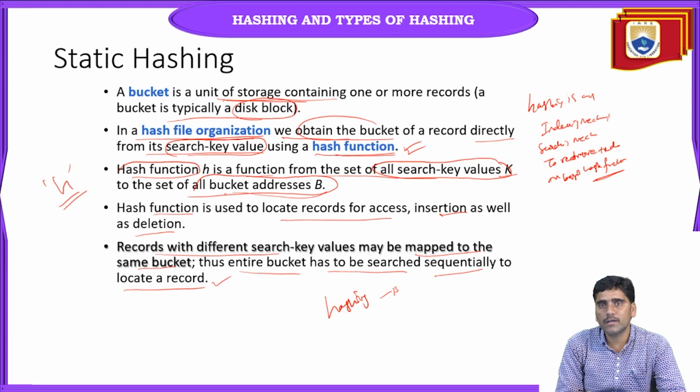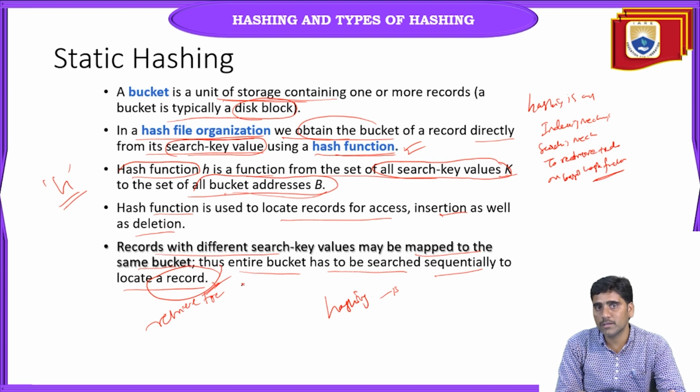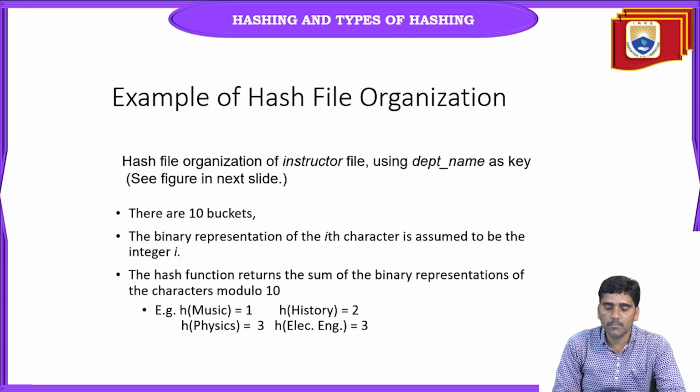Thus, the entire bucket has to be searched sequentially to locate a record or to retrieve the record. If the bucket doesn't have any search key values, then it takes a lot of time to access a particular record.